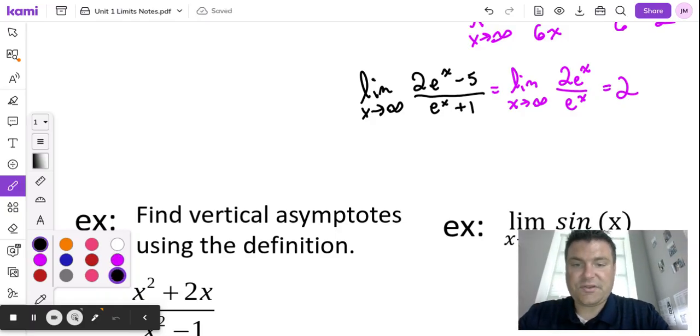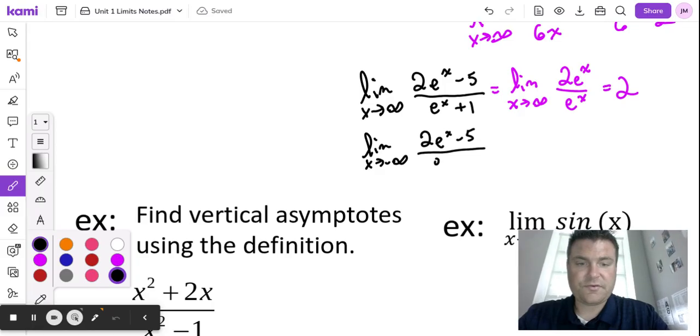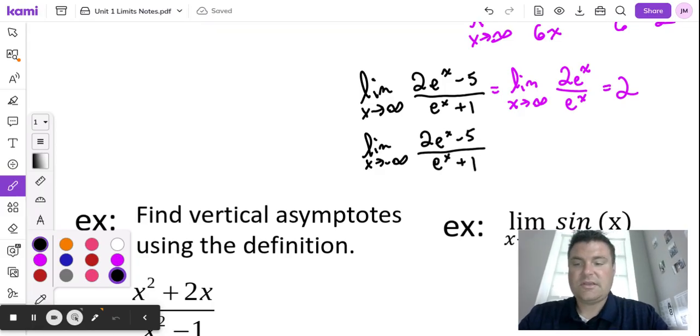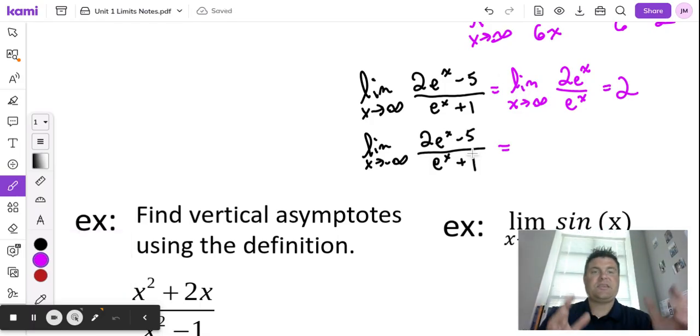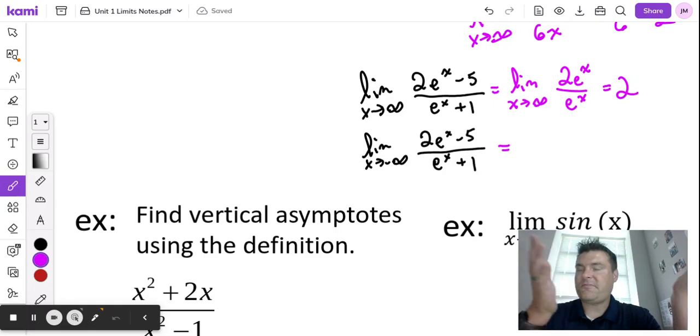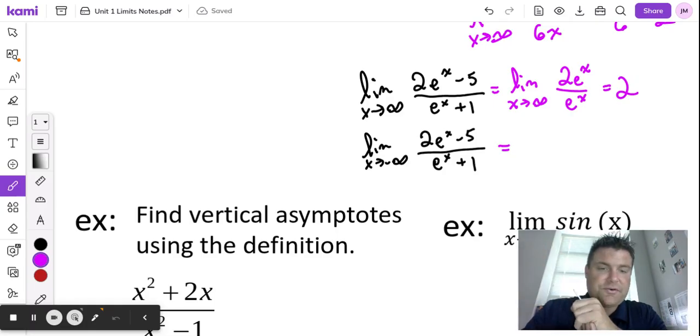Also, let's investigate if we go to negative infinity of 2e to the x minus 5 over e to the x plus 1. Now this one, which one grows fastest? The rate of change of e to the x as we get further and further left is going to approach 0.